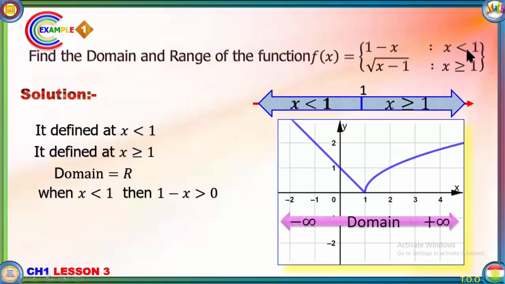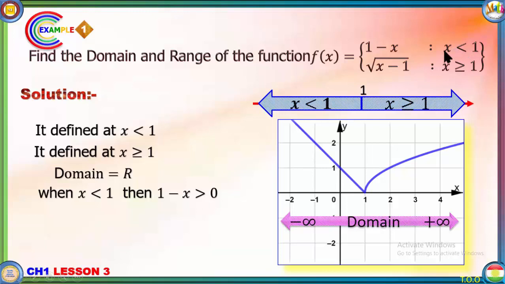When x is less than 1, then 1 minus x is bigger than 0. Take any number less than 1, and you can see that 1 minus x is bigger than 0. For example, if we take 0, then 1 minus 0 is 1, and 1 is bigger than 0.